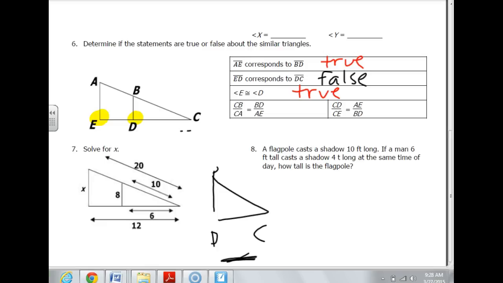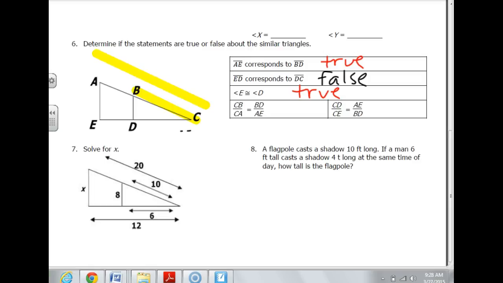All right, so the next one is where it gets tricky. It says CB, and this is where it might help to draw those triangles separate. So we've got CB, okay, so C to B over CA. So we've got the top of the little, and then we've got top of the big triangle.